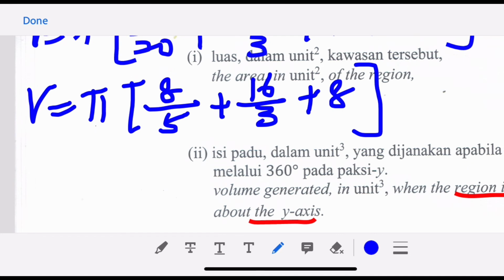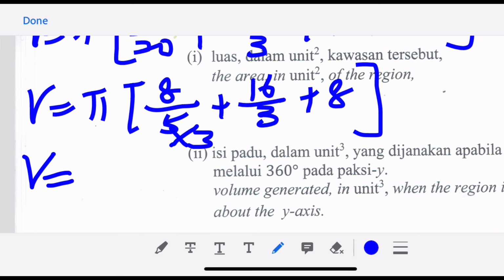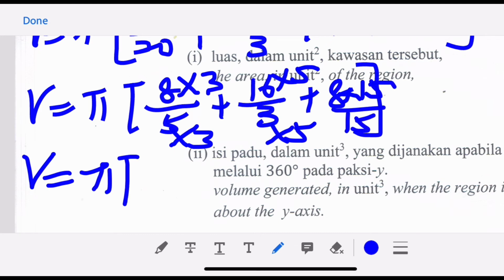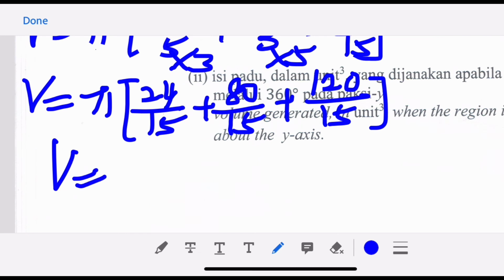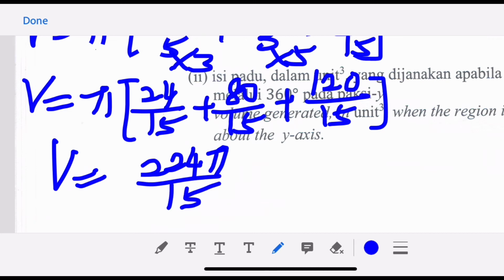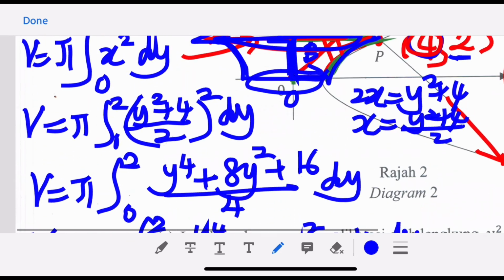So then we will make the denominators the same. We multiply by 3, by 5, and by 15. So finally we get 24 over 15 plus 80 over 15 plus 120 over 15. So the answer for the volume is 224 pi over 15.